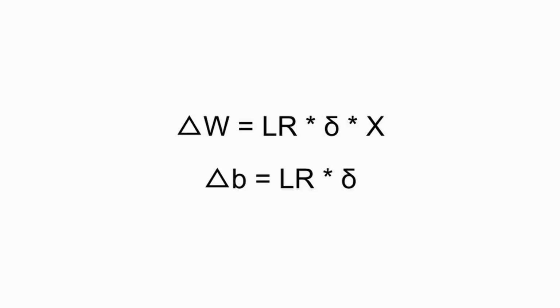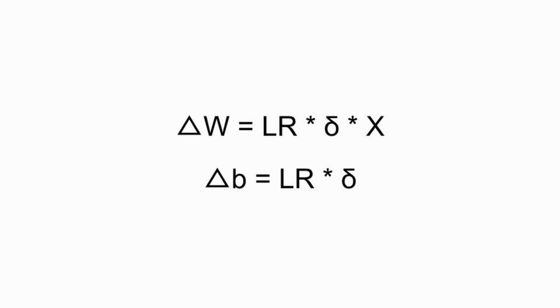Once we know the delta error, we can determine the correction we need. These corrections are proportional to delta, with the correction to weight w also dependent on the input x that causes this error. Finally, we scale both adjustments using the learning rate LR, which we choose as a network hyperparameter to control how fast the neuron learns.